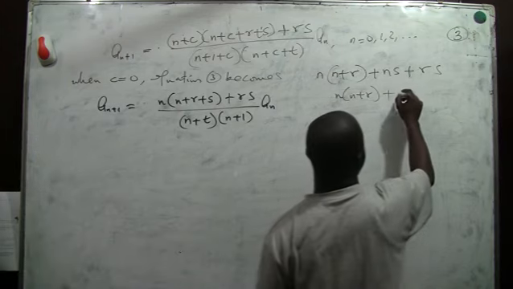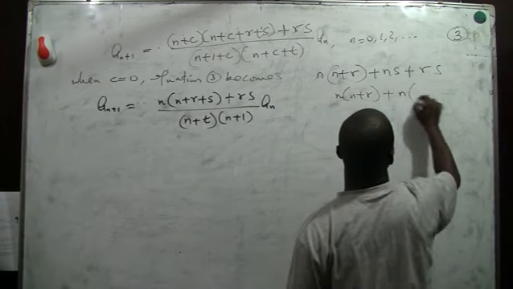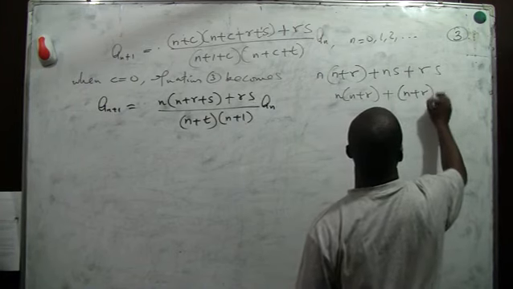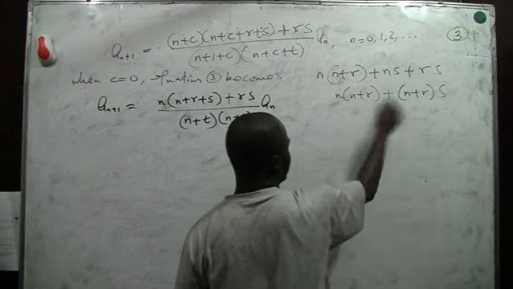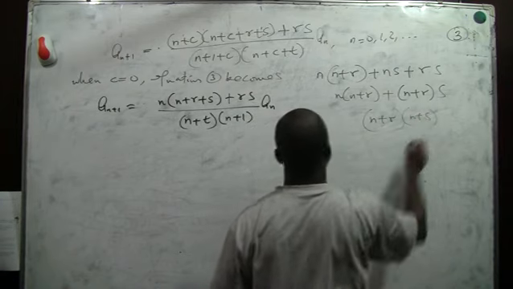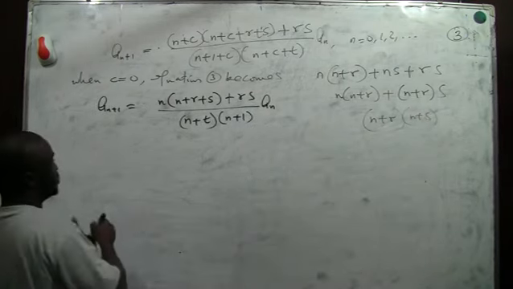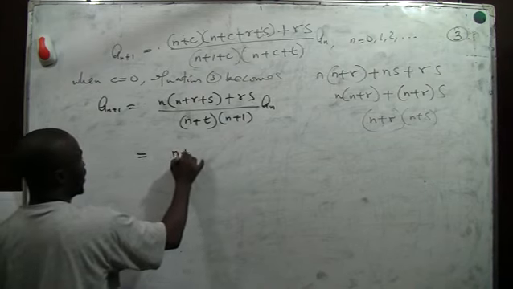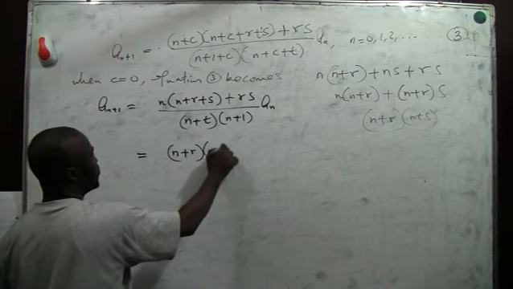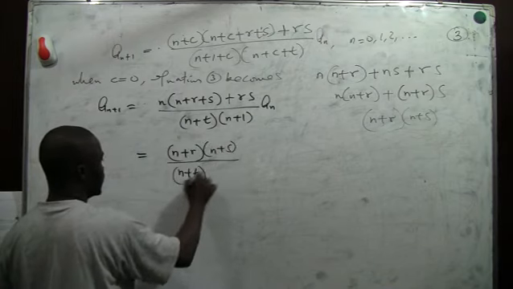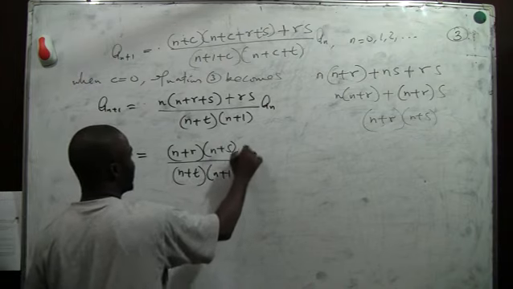The common factor is n plus r, then we have n plus s, so that this becomes (n + r)(n + s) divided by (n + t)(n + 1) times a_n.